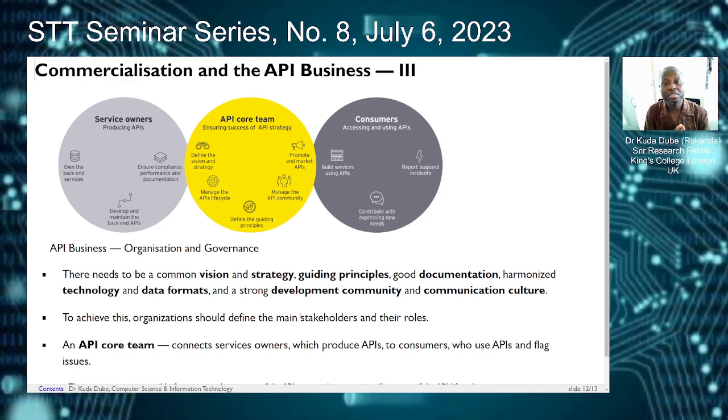The organization needs to worry about all three of them, but the ones that are resident within an organization are the service owners and the API core team. But sometimes some of the service owners may not necessarily belong to the organization. They could also be external, or it can be a collaborative effort between various players.